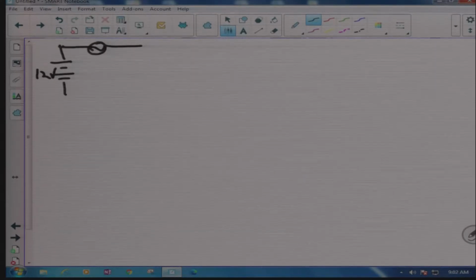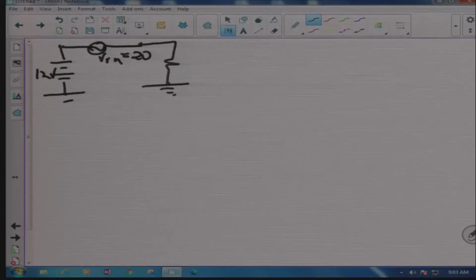Now this has got a V RMS of 20 volts, and I have a load. Look at this ground. I've got 2 grounds. What does that mean? It means this point and that point are connected. And I'm going to have a look. What is my output in here?